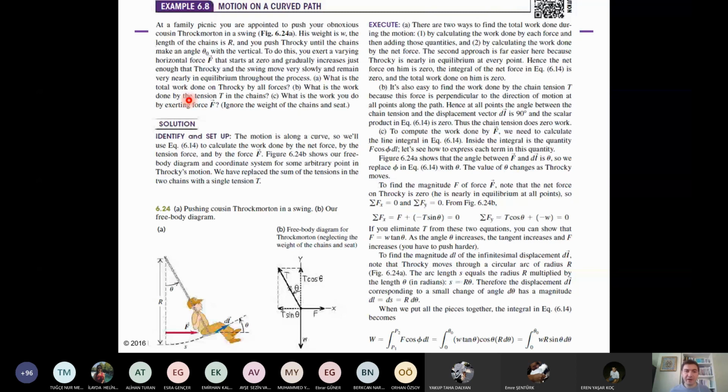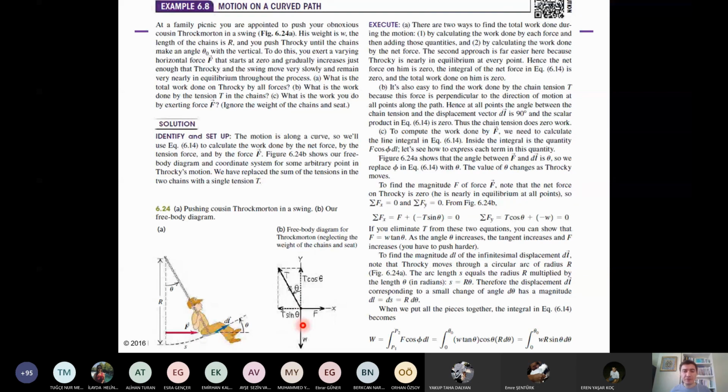What about the free body diagram? The free body diagram of Throckmorton, this guy, is given with this expression. We neglect the weight of the chains and the weight of the seat here. Just consider the weight of the guy in this direction, downward, let's say negative y direction. And there is a tension force applied by the chain on this guy, okay?